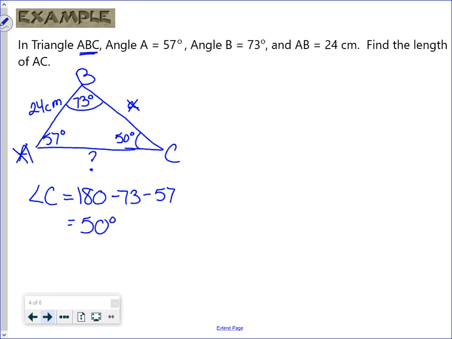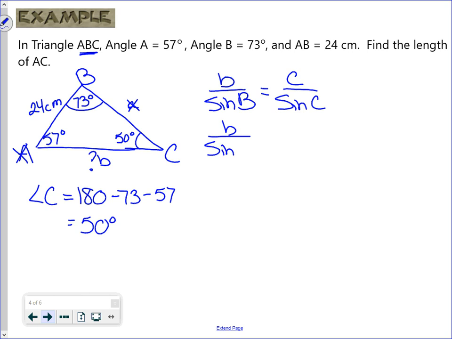So now we can set up our sine law. So we will have B over sine B equals C over sine C. Next, we're going to substitute in the information that we know. So we're actually looking for side B. Our question mark is side B. So we'll have B over sine 73 equals side C is 24 centimeters over sine of 50 degrees.